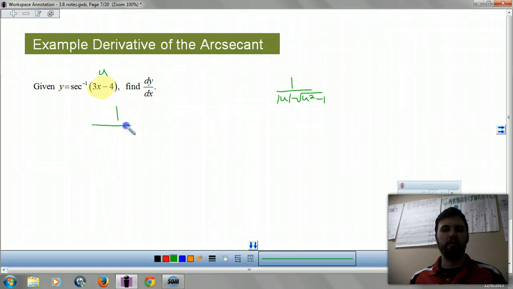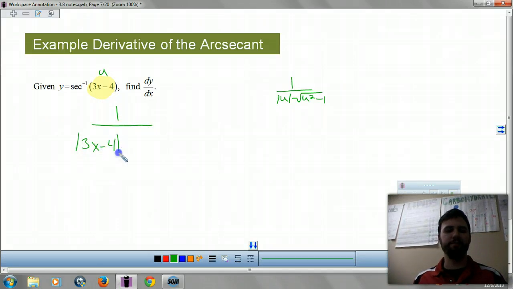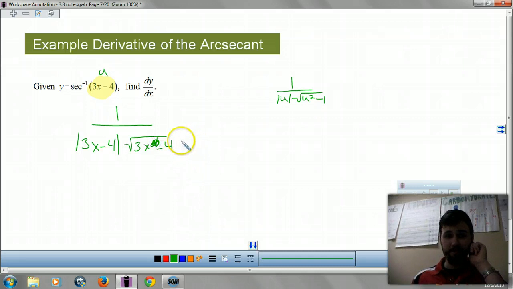So I go 1 over the absolute value of 3x minus 4 times square root of 3x minus 4, squared, minus 1.